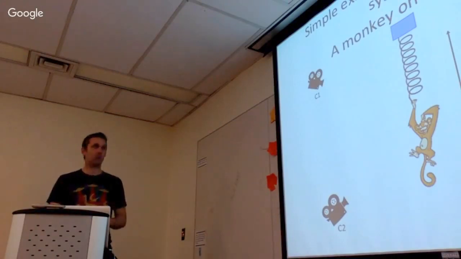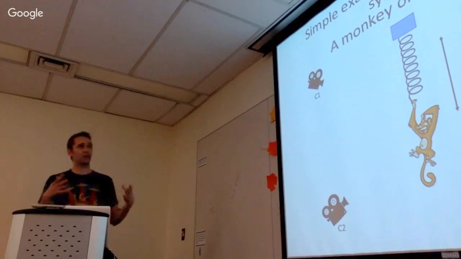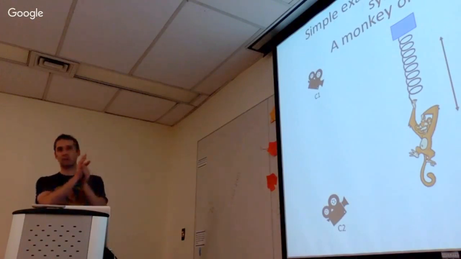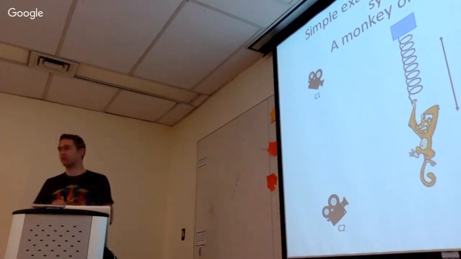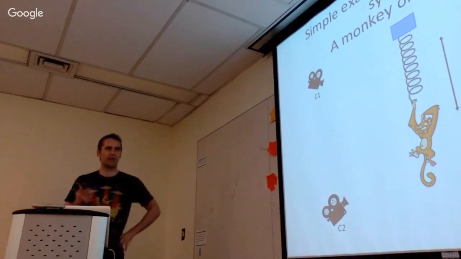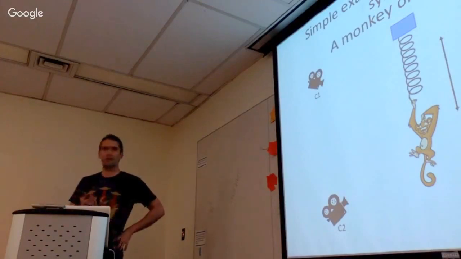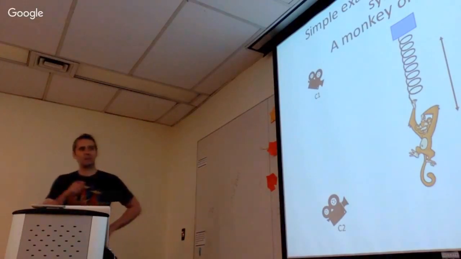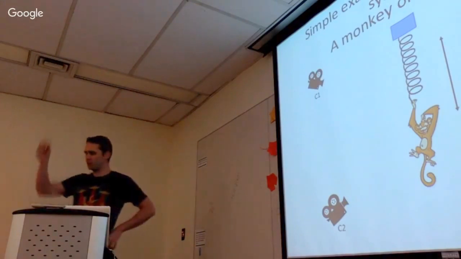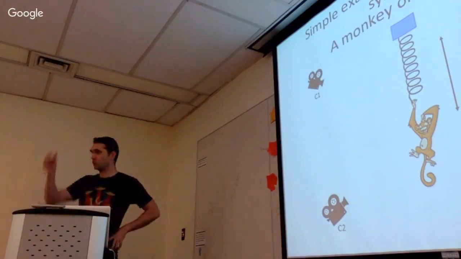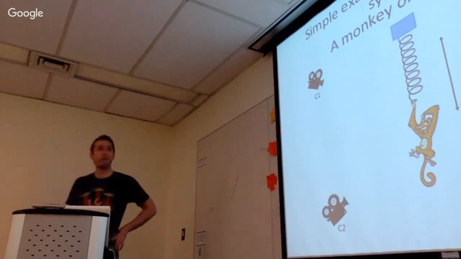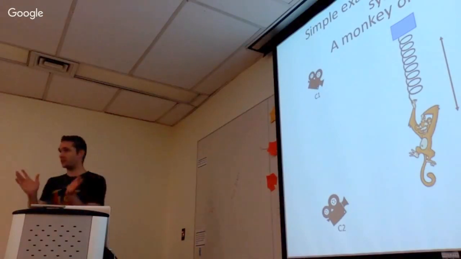So if we don't know anything about the system, we have a measurement for each point that has 6 dimensions, right? We can already guess that we probably collect too much information, because the monkey only moves in 1 dimension, so this whole system only has 1 degree of freedom. But we measure it in 6 dimensions.